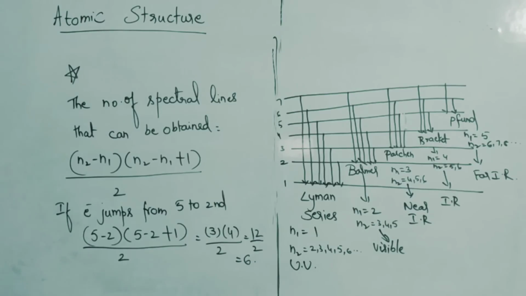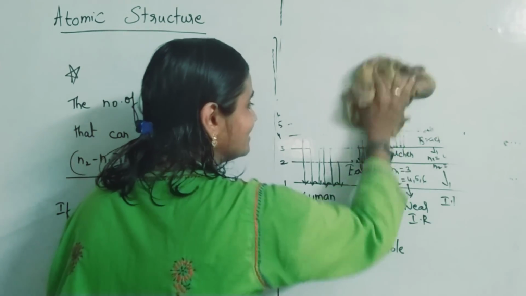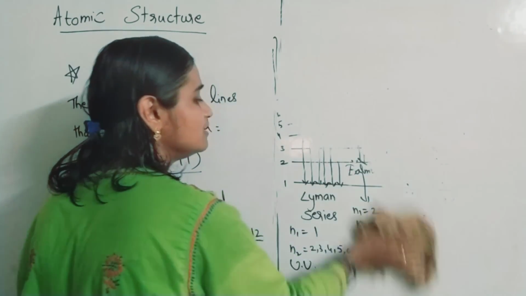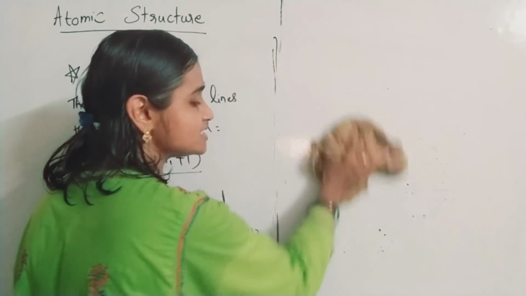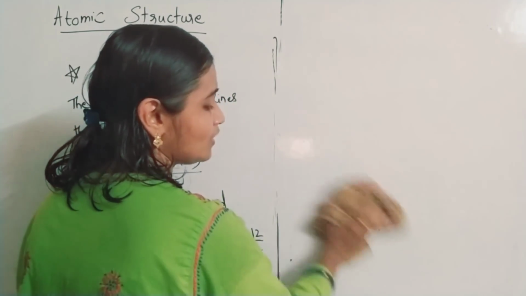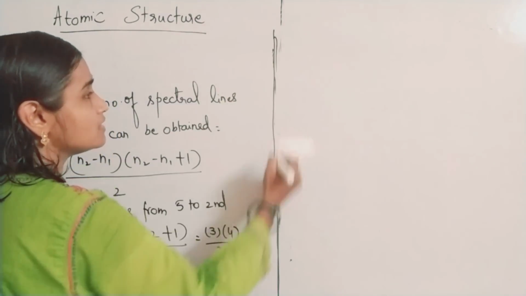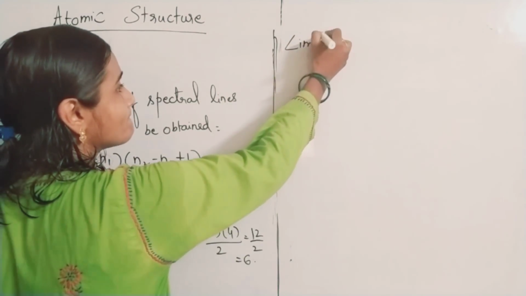And you have another important point, which is called limiting wavelength. That is a very important point here. Based on this concept of limiting wavelength, you will get certain numericals using Rydberg's equation. What is limiting wavelength?